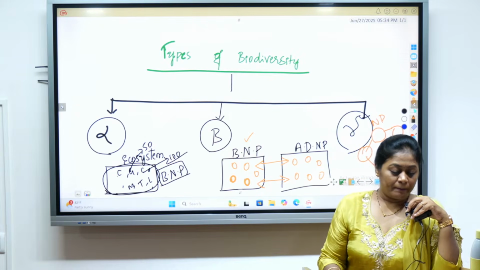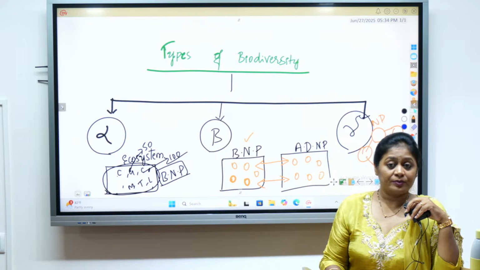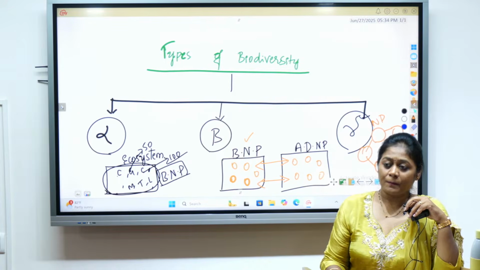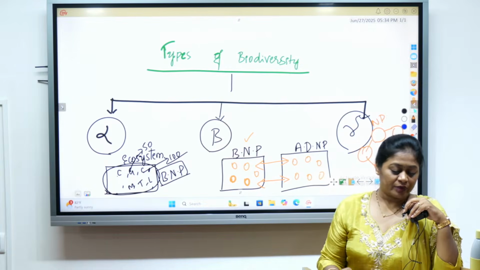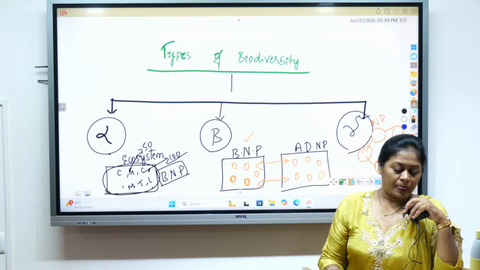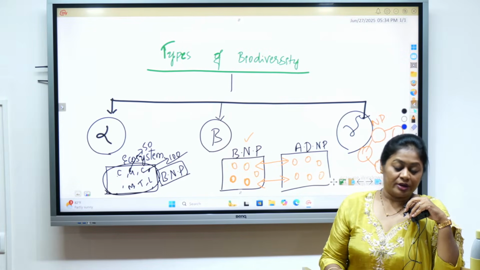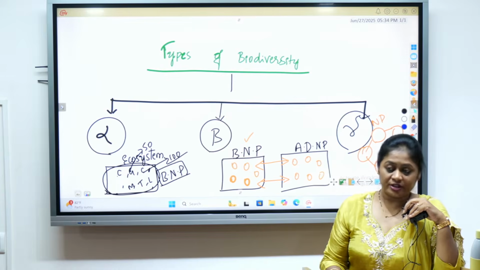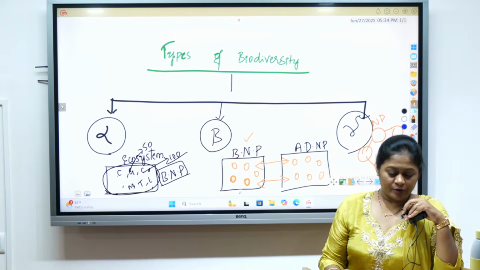Second one, beta diversity, it compares diversity between ecosystems. Very good. Diversity means what? Number of species.